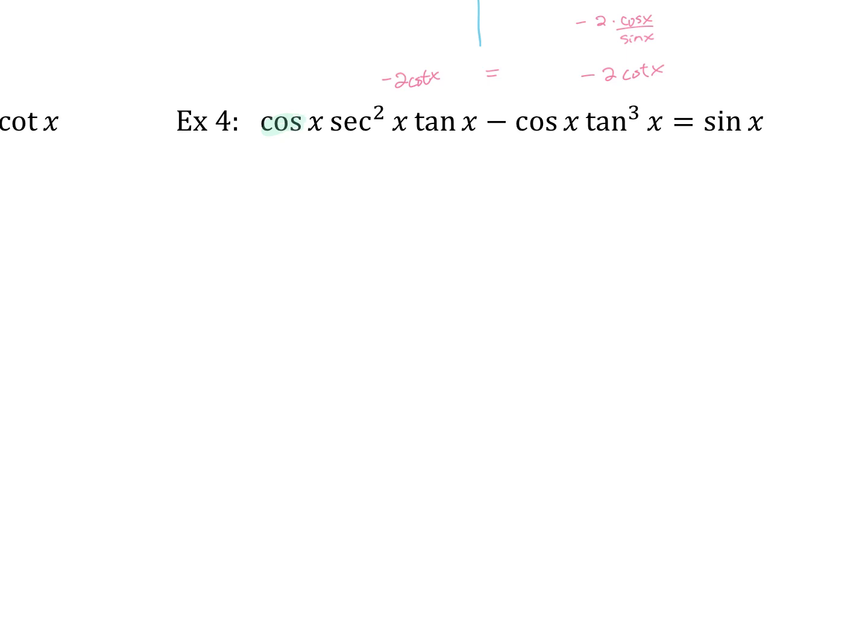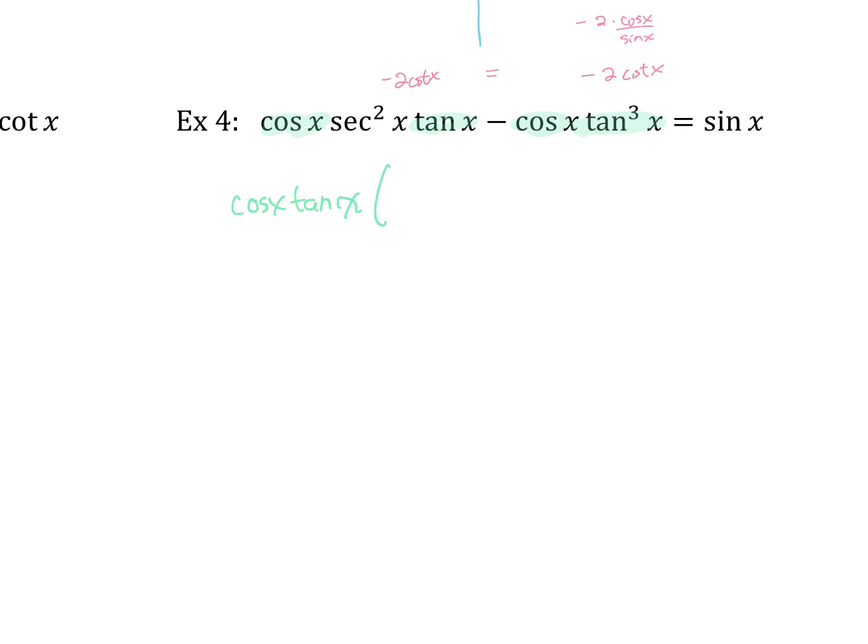So I want you to notice that we have a common factor in each term that we can factor out. So if we factor out the common factor, we are going to factor out a cosine x tan x. And then we need to think about what we're left with there.